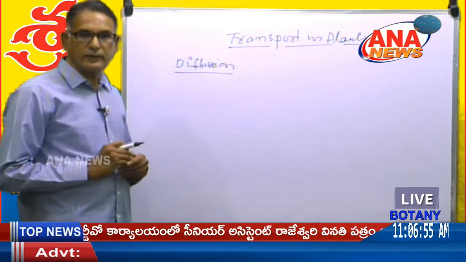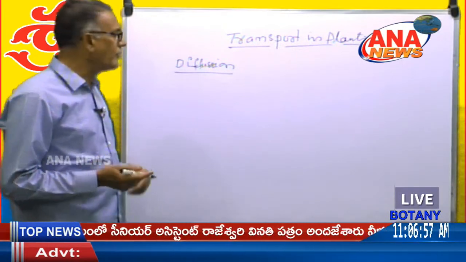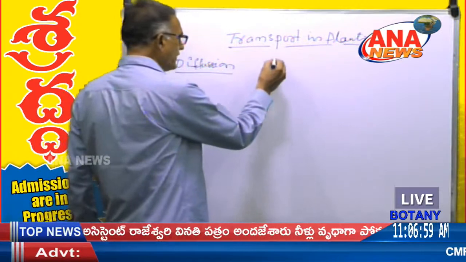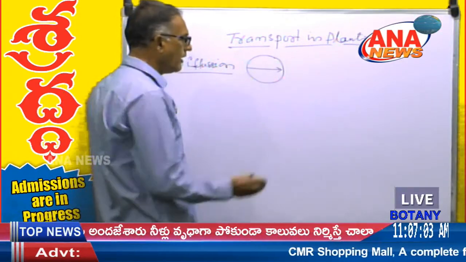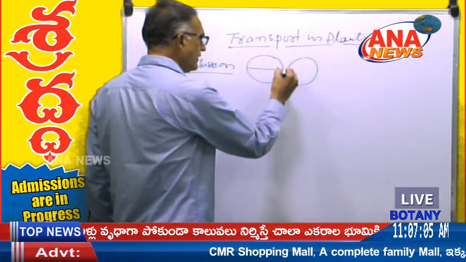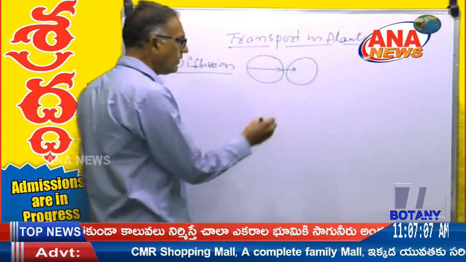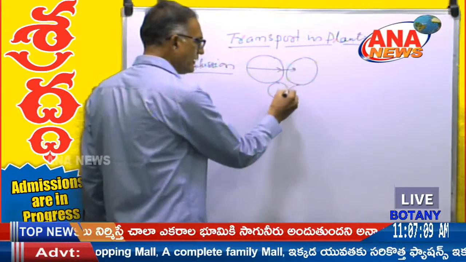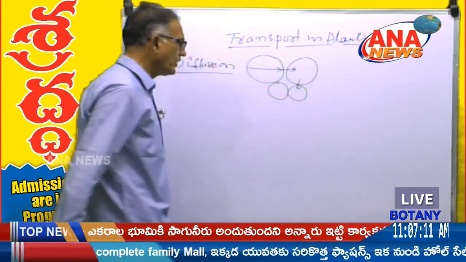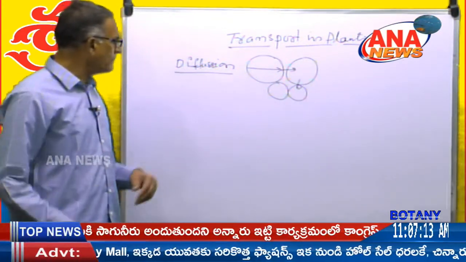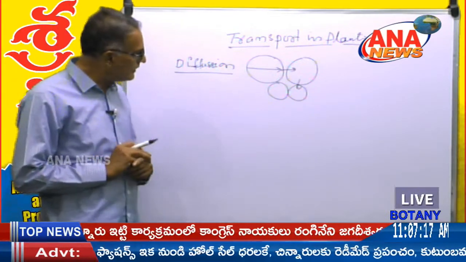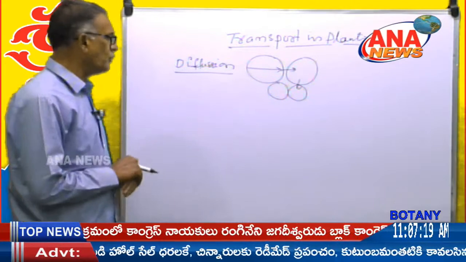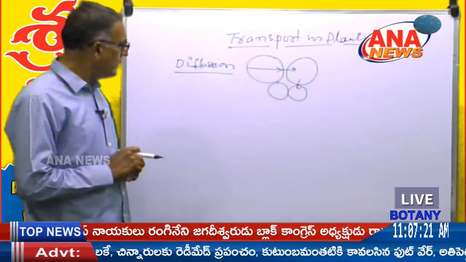So the substances move from one part of the cell to another part, or between two cells, or in the tissue, between the cells in the tissue. So the process of diffusion takes place for the movement of substances within the cell, between the cells, in the tissue.